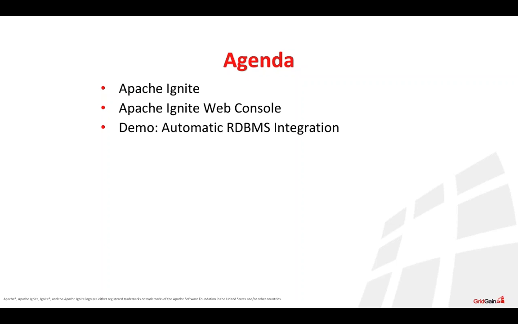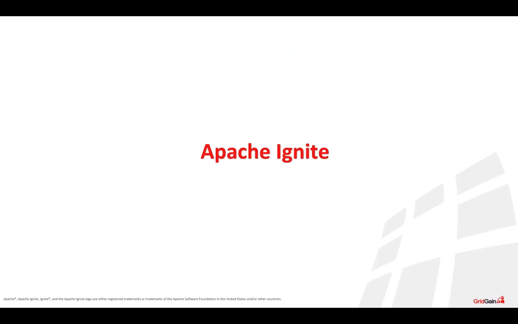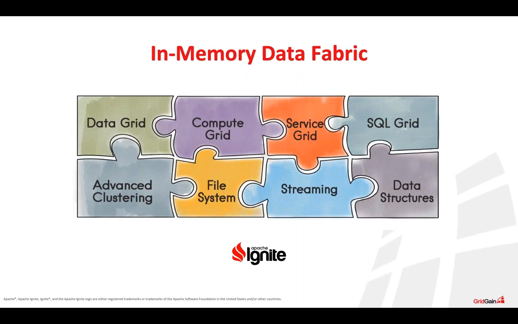Having said this, let's give a brief introduction on what Apache Ignite Data Fabric is. In a nutshell, Apache Ignite is an in-memory data fabric. It's a distributed system that consists of several distributed components, such as data grid, compute grid, SQL grid, and more.